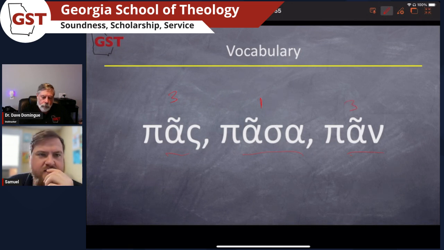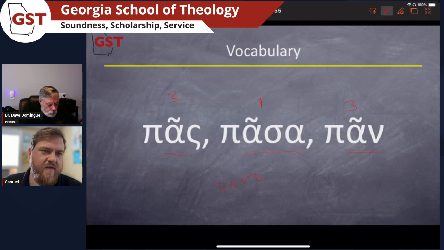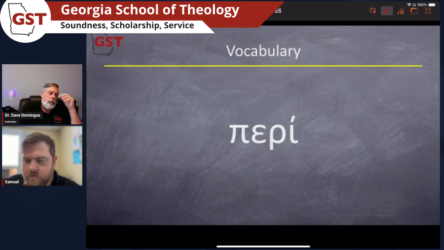Because it ends in that tau again. It's pantos, pan, right? And because the sigma comes up, it doesn't like the sigma, there you go. And then it can't stand by itself in the neuter because taus don't like standing by themselves. Correct.